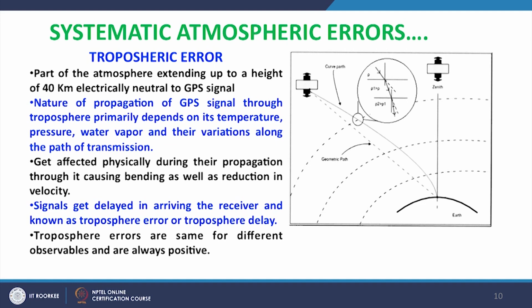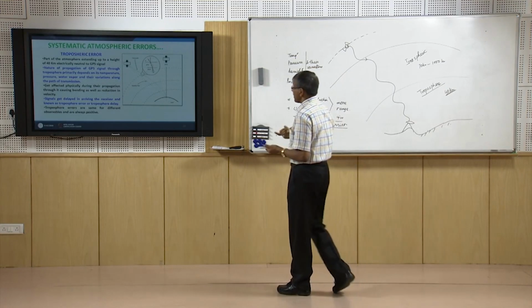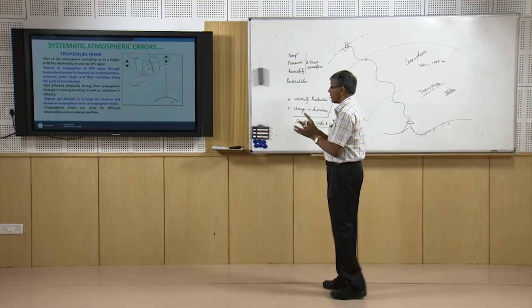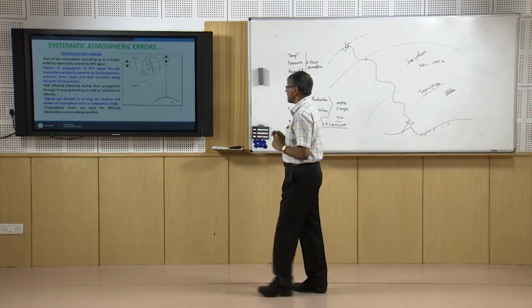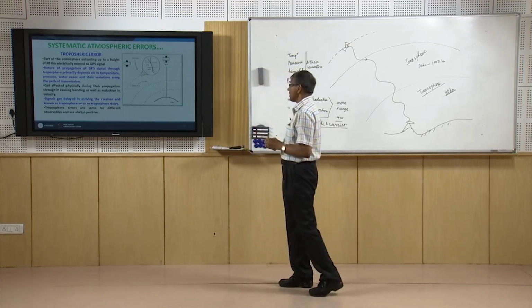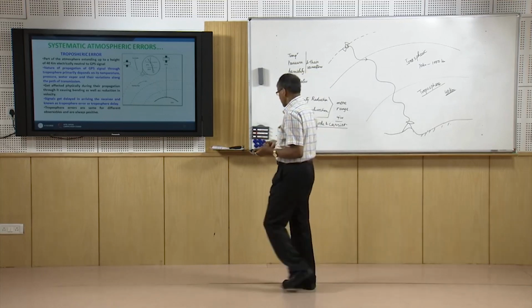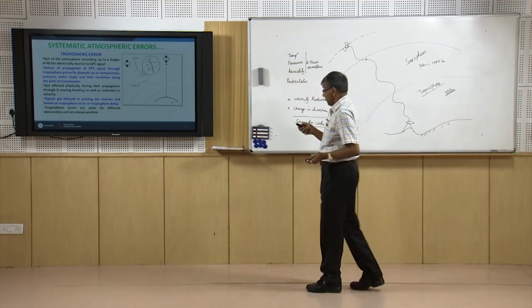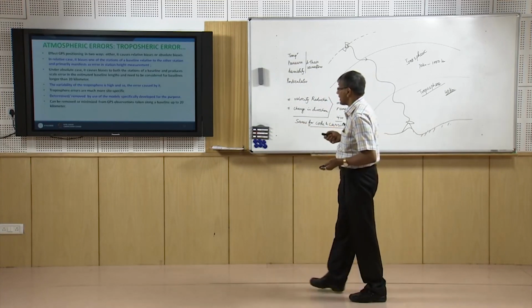Also the velocity will change depending upon the density of the atmosphere. So as the velocity is decreased as well as the path is increased, the time of transmission will be more and the computed range will be more than actual, so the error is more, so correction has to be taken out. So this is what about the tropospheric error.